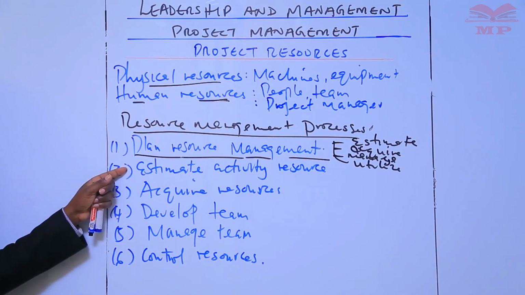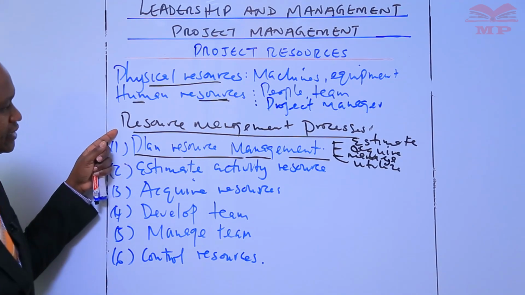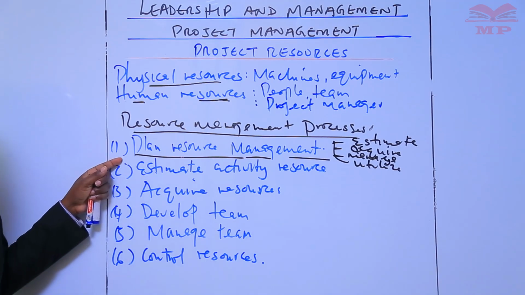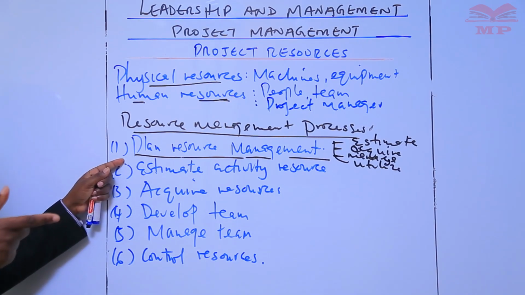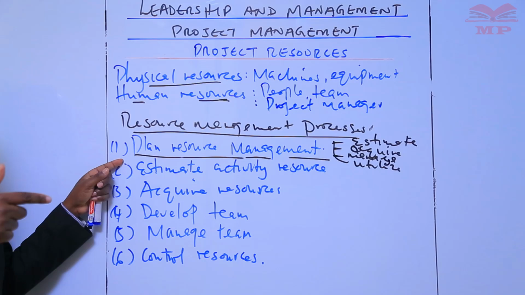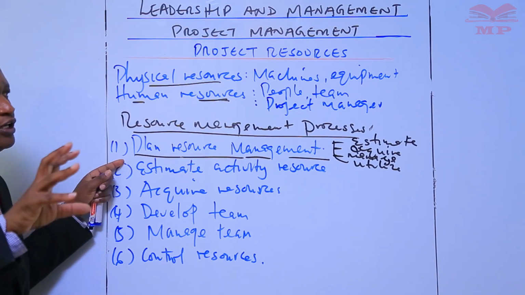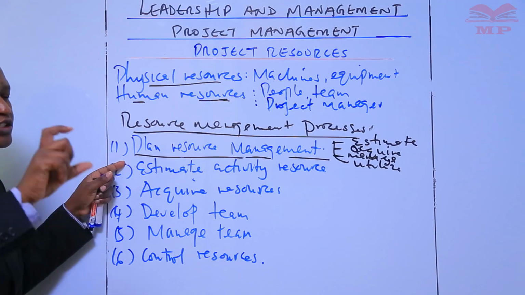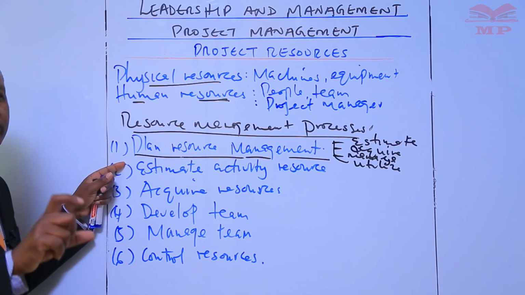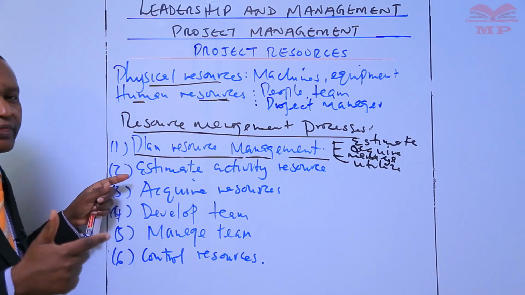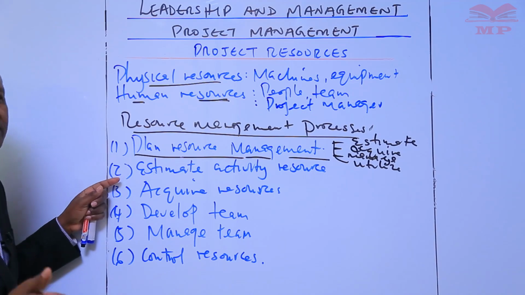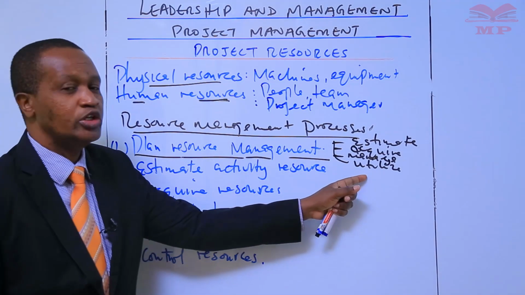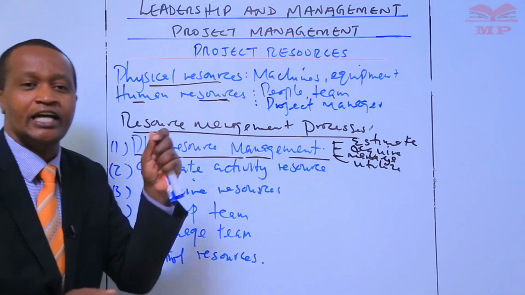So the resource management plan is the component of project management plan that provides guidance on how project resources should be categorized, how they should be allocated, how they should be managed, and how they should be also utilized and realized.